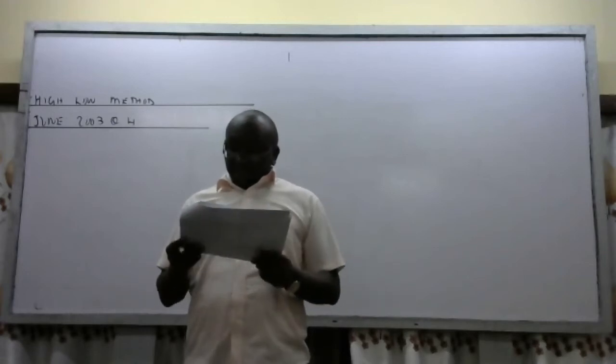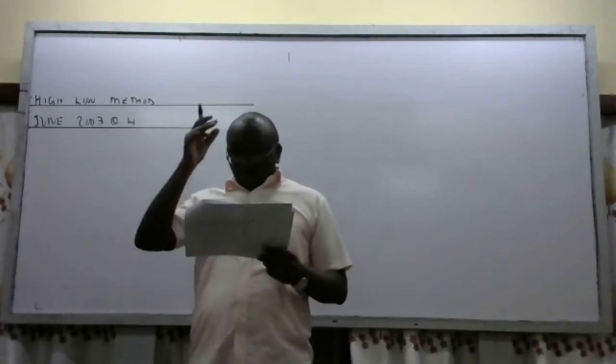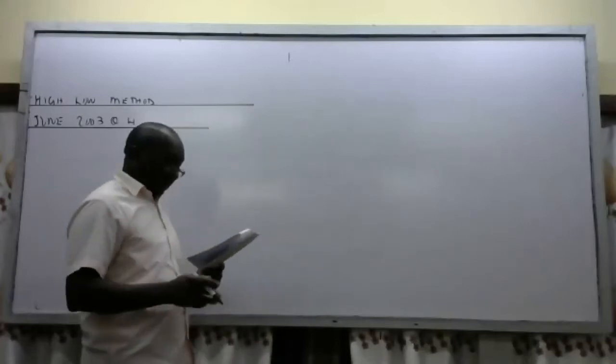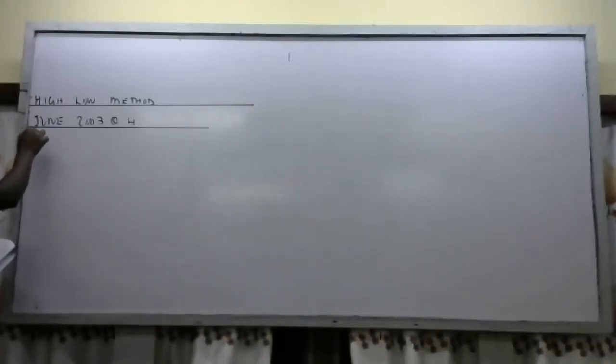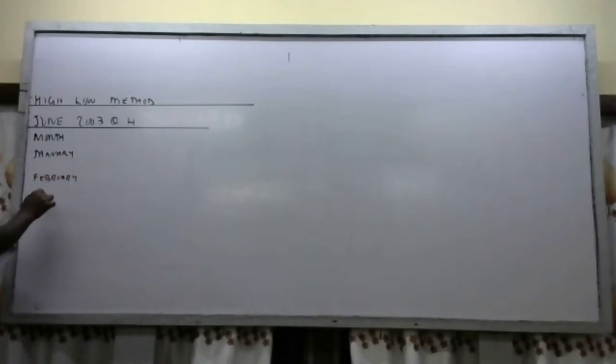Consider the following data. We have the month here: January, followed by February, followed by March, and then April.